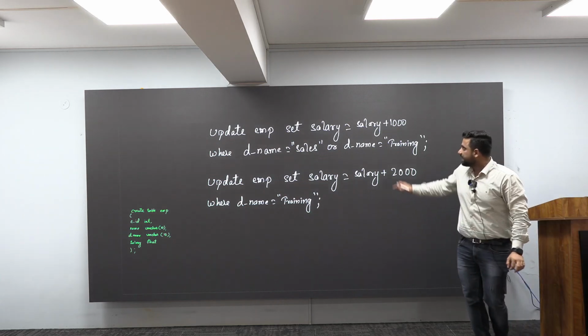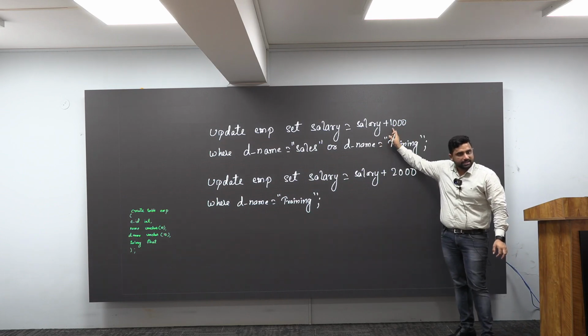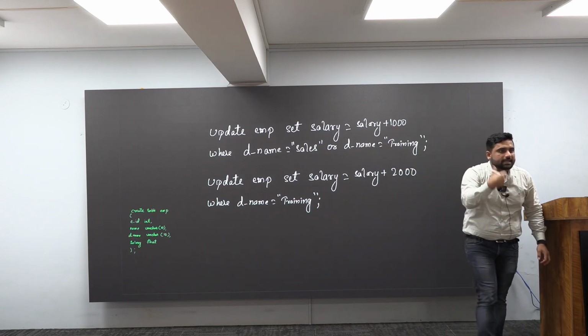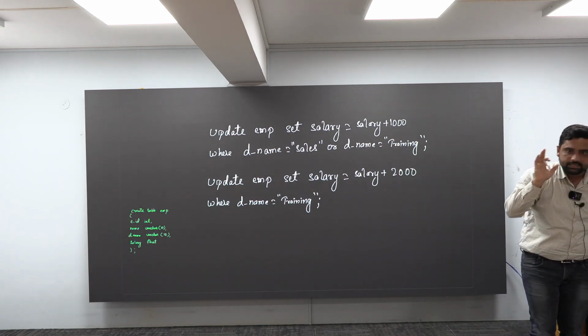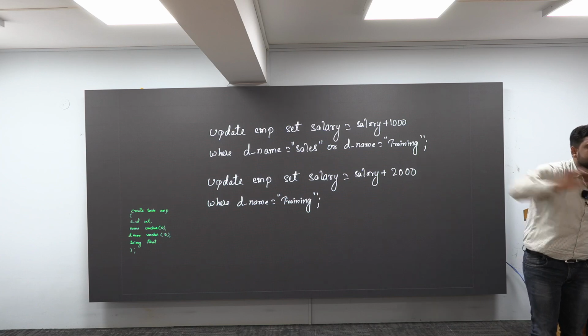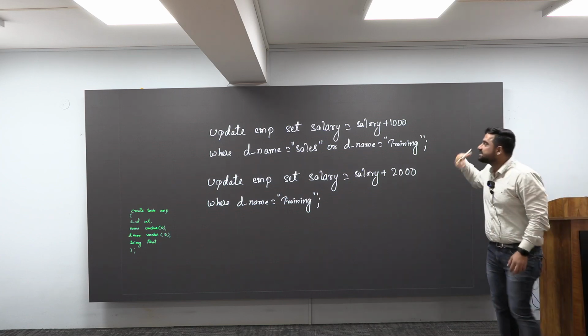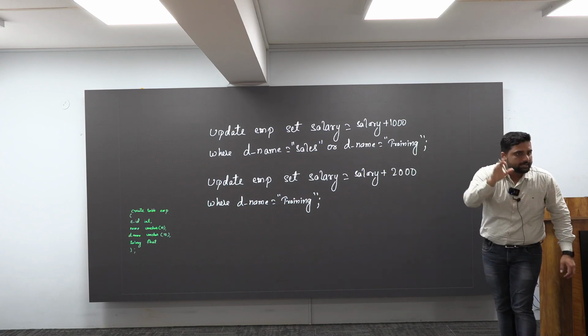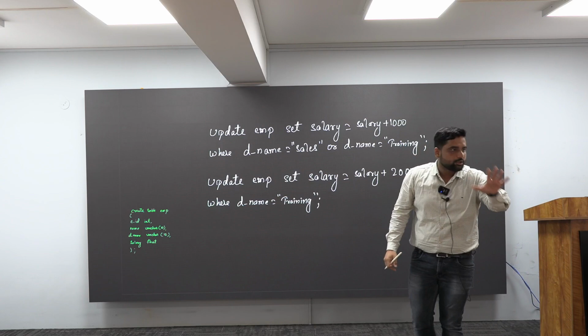Now over here, if value is same, that time we can put in one query. But if value will differ, that time we have to write multiple queries. Understand? And like this you will get scenario in the real-time project where you have to update the things frequently. Understood? For example, right now you are working on one project.